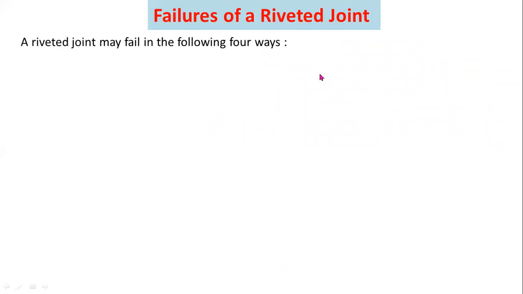Now coming to the important topic, that is failures of a riveted joint. A rivet joint may fail in the following four ways. First one is the tearing of the plate at an edge, by applying pull forces.